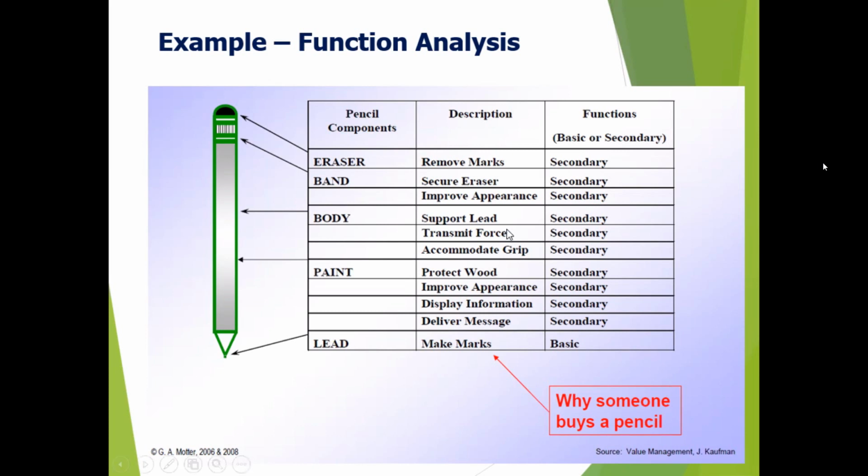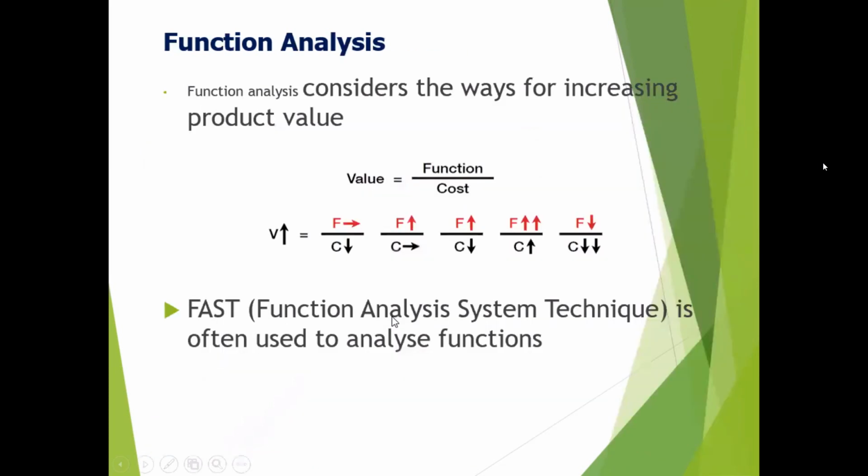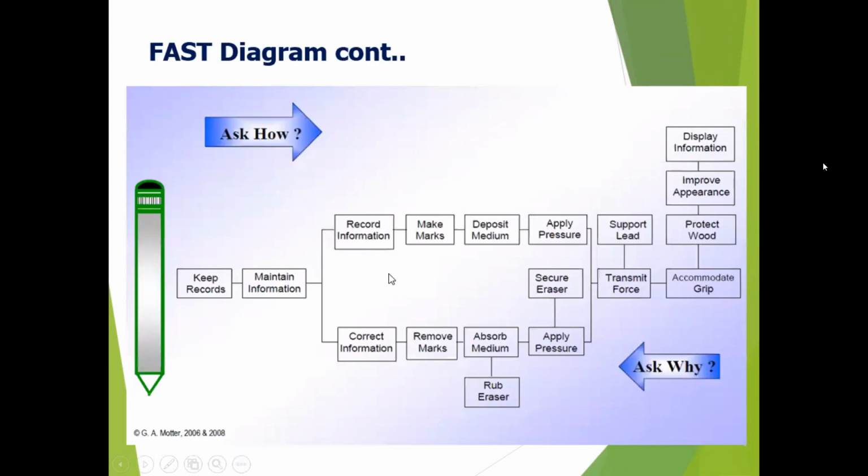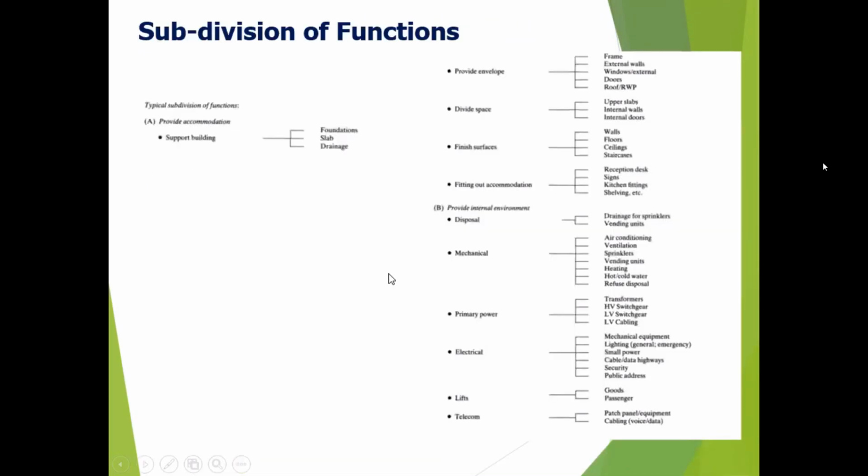So this is called the functional breakdown, the functional hierarchy, right? You just see here, for the buildings, typical subdivisions of functions: provide accommodation, just one function, and then support building, and then we have foundation, slab, drainage.